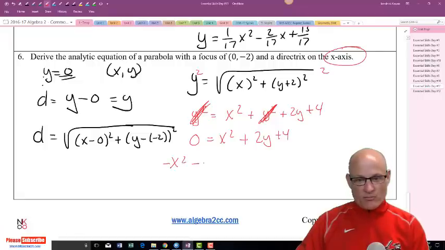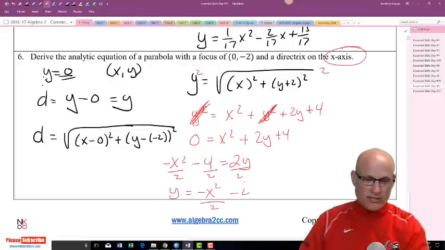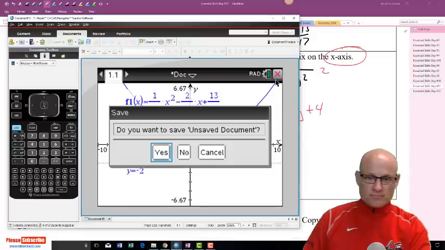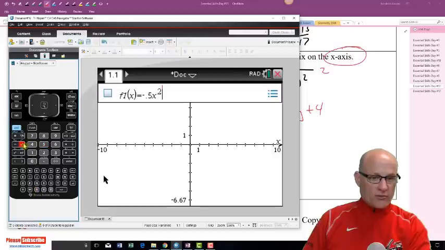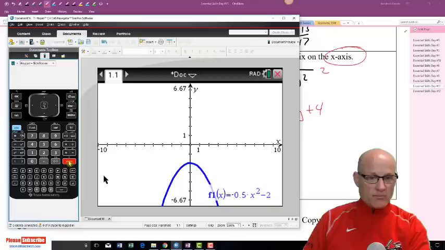Negative x squared minus 4 equals 2y. Divide by 2, divide by 2, divide by 2. So I get y equals negative 1 half x squared minus 2. Let's see if that's right. Negative 0.5 x squared minus 2.